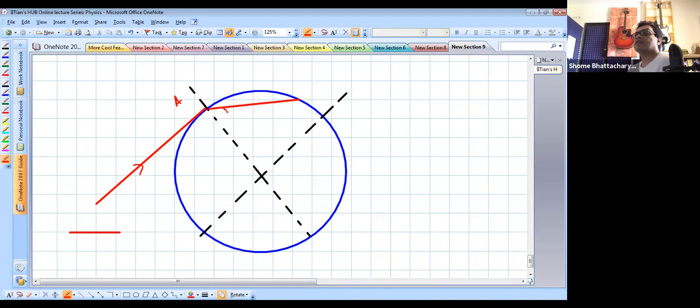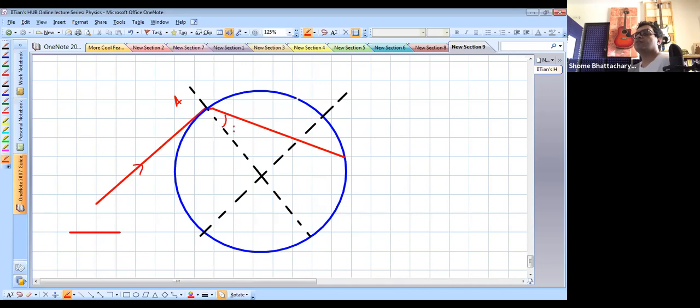So this angle here will be equal to the critical angle. Okay. So actually the refraction will not look like this. The refraction will look more like this. I'll show you why in just a moment.